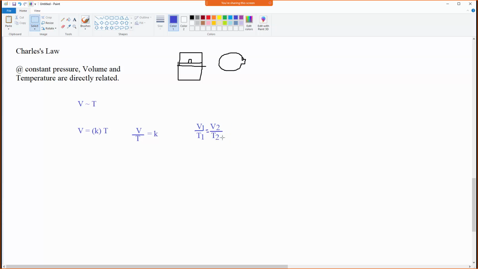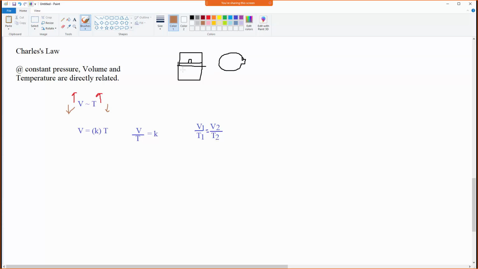previously. And again, this means that as the temperature goes up, under constant pressure, the volume will go up. And vice versa, if the temperature goes down, then the volume will go down in both of these systems.